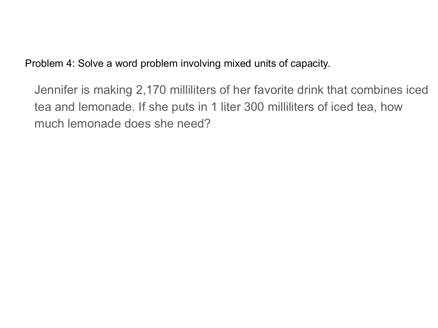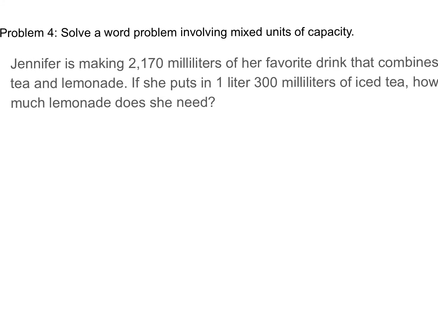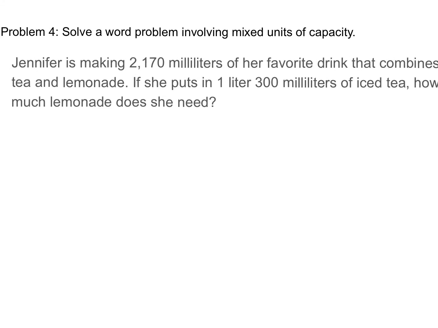All right, we're going to try a word problem here. So we're going to solve a word problem involving mixed units of capacity. Sorry, I'm wobbling that around a little bit. So Jennifer is making 2,170 milliliters of her favorite drink that combines iced tea and lemonade. If she puts in 1 liter, 300 milliliters of iced tea, how much lemonade does she need?